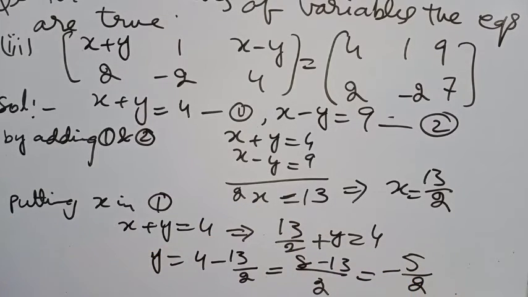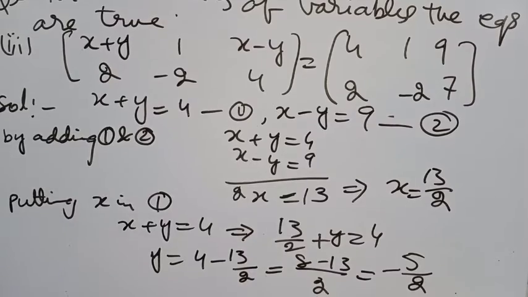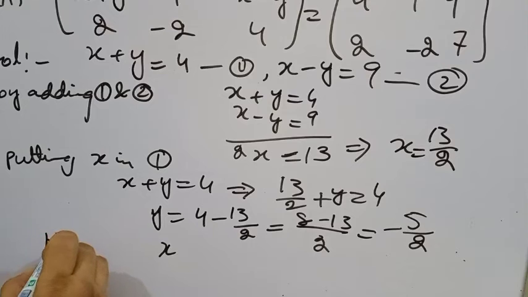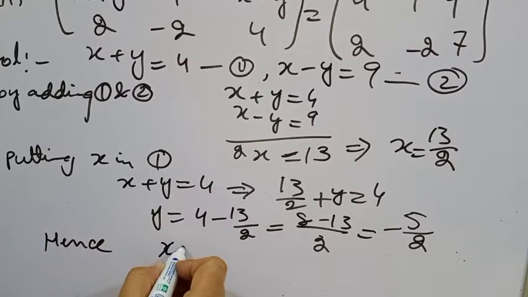Hence, we have the values of x and y. Hence, x is equal to 13 by 2 and y is equal to minus 5 by 2.